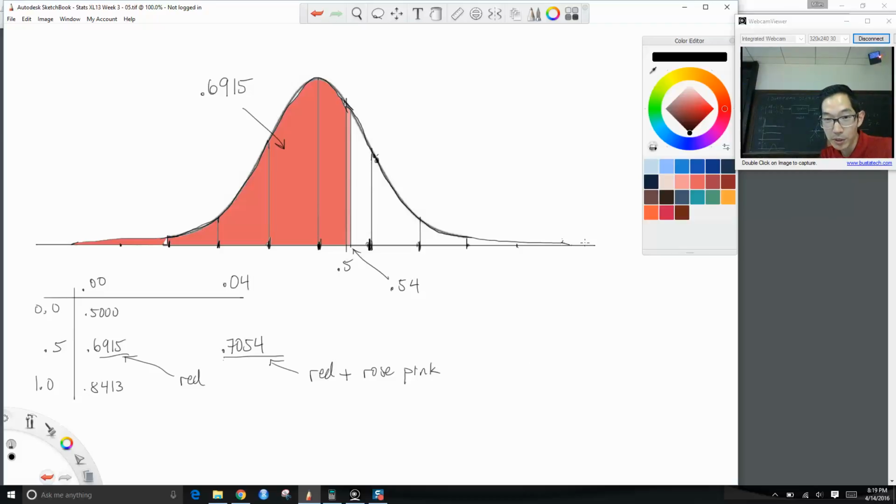We can also ask, how much is still unshaded? Well, we know that the total area has to add up to 1.